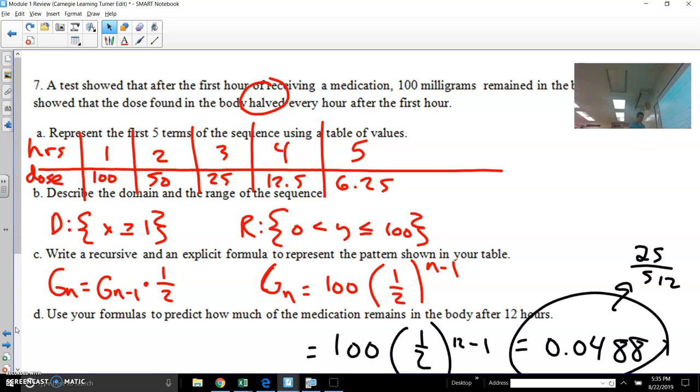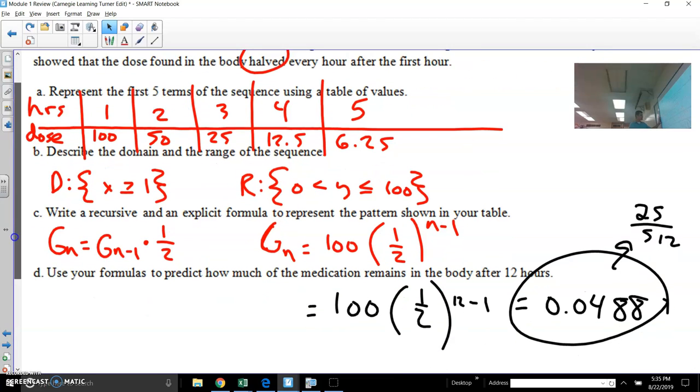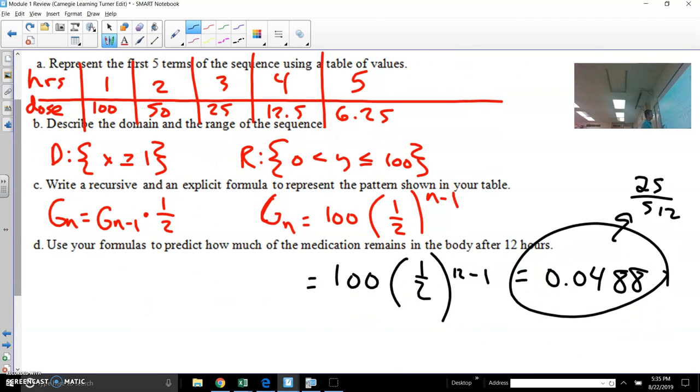Still something, though. So to do recursive, I said, okay, you need to find the nth term by finding the 1 in front of it, the previous term, and multiplying it by that r value that is 1/2. Now, if you want to use an explicit formula, I would say, well, we start with the first number, and then we just plug in the hour that we're looking for, and they want us to see after 12 hours, what would that be?